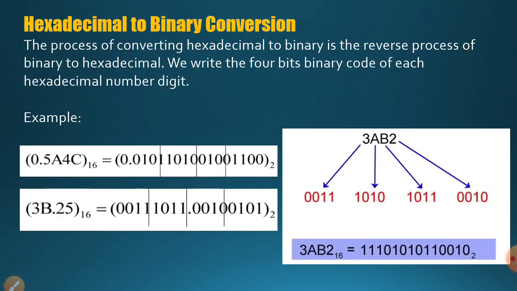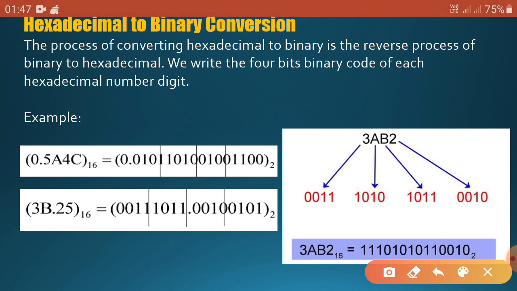Now it is hexadecimal to binary number system conversion. The process of converting hexadecimal to binary is the reverse of binary to hexadecimal. Here we write the 4-bit binary code of each hexadecimal digit. Suppose the example is 3AB2 in hexadecimal.